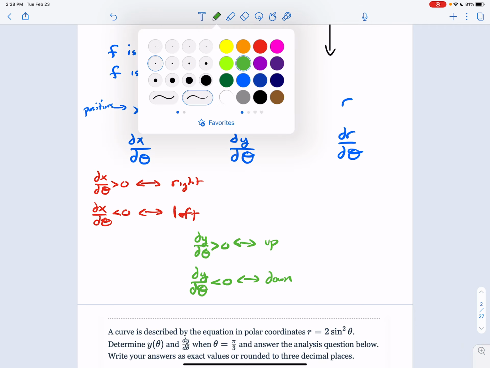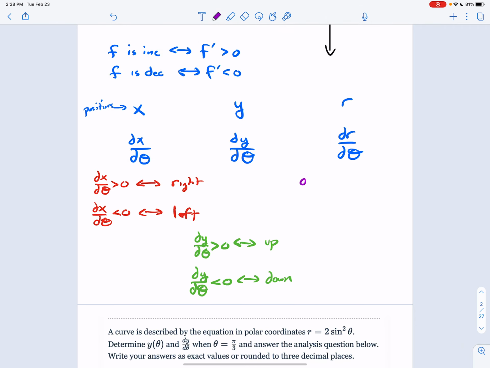And here's the last one, dr d theta. So dr d theta really just means the radius or the pole. So let me write this one more time. If your derivative comes out positive, it's going away from the origin.